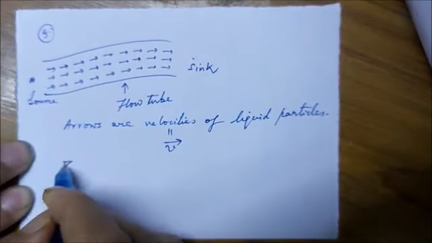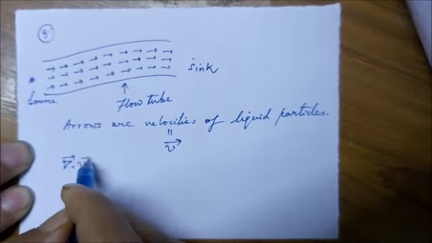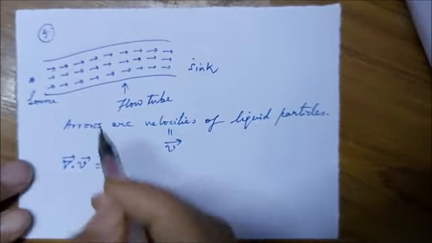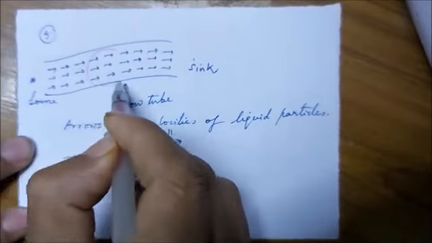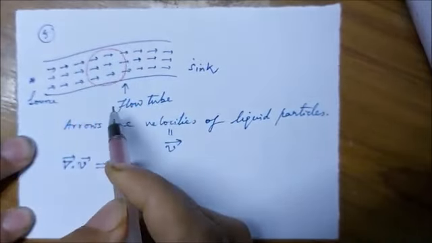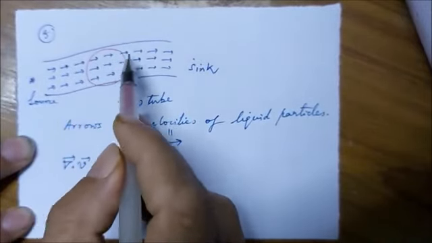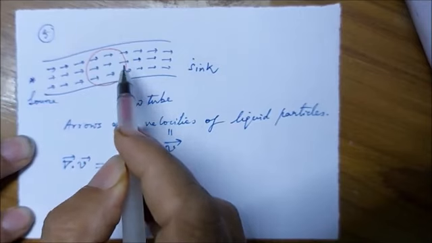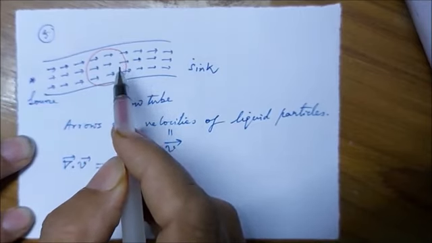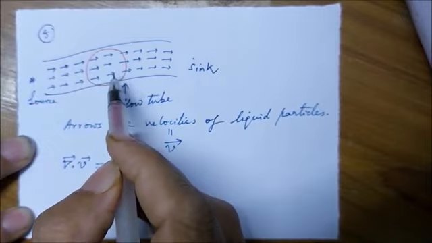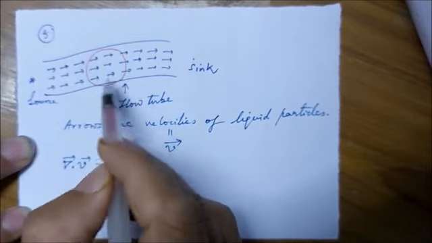What will be the value of divergence of vector v? If we consider a closed surface, then we find that number of entrances and number of exits are same, which means there is no net flux across this closed surface.